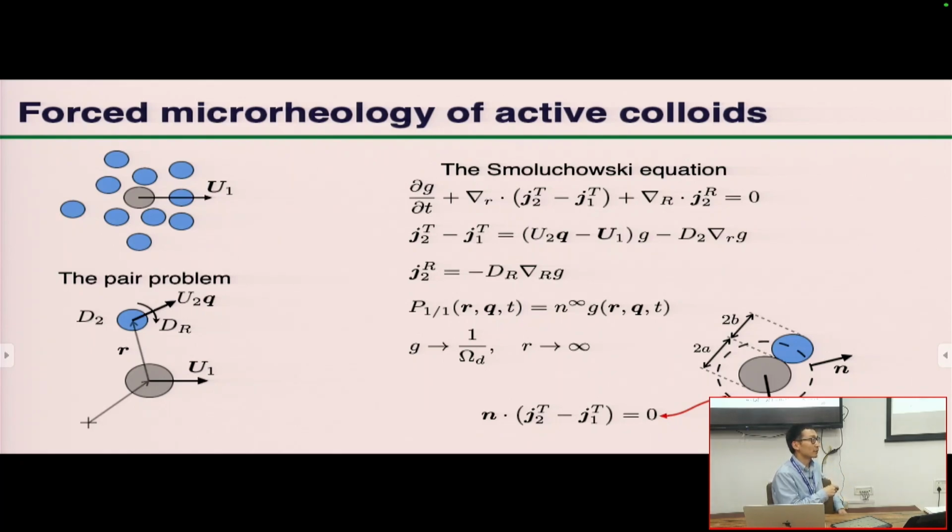When you're driving the probe, you really care about where the bath particle is relative to yourself. So you have a gradient with respect to the relative coordinate, and within that, it's the relative flux. That's easy to understand because you have to respect Galilean invariance. In the frame of the particle, the flux you get by looking at that guy is the flux of this guy relative to yourself. So it's a difference between the two, and the rotational coordinate is not changed.